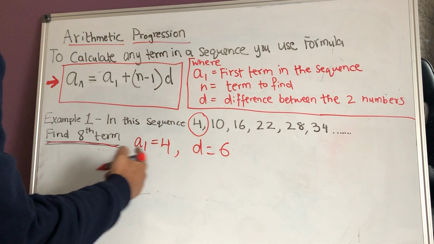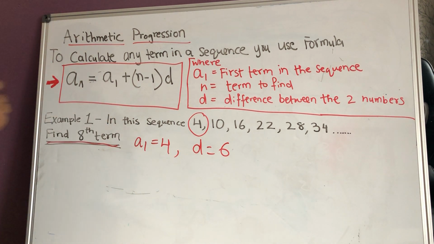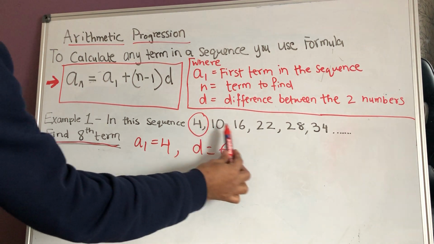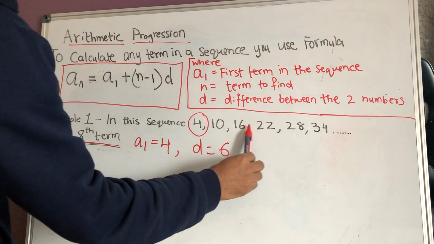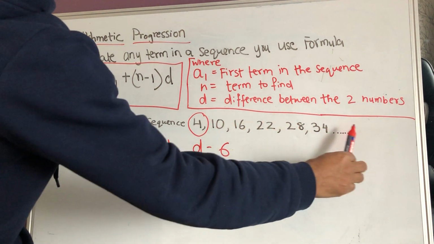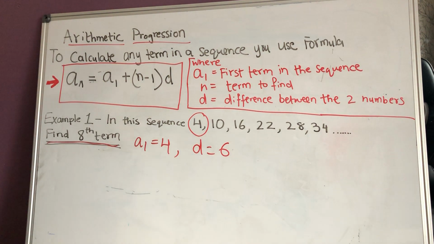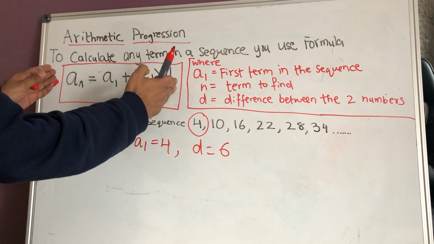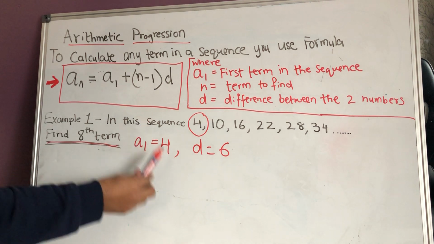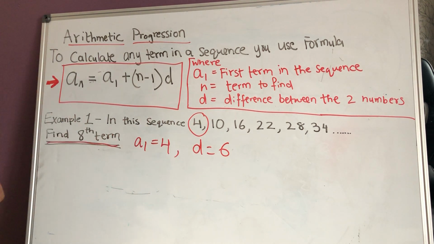Right. So what we're going to do is find the 8th term in this sequence: 4, 10, 16, 22, 28, 34. We can work it out manually as well, but we're not going to do that. We're going to utilize the formula to work out the 8th term in this sequence.